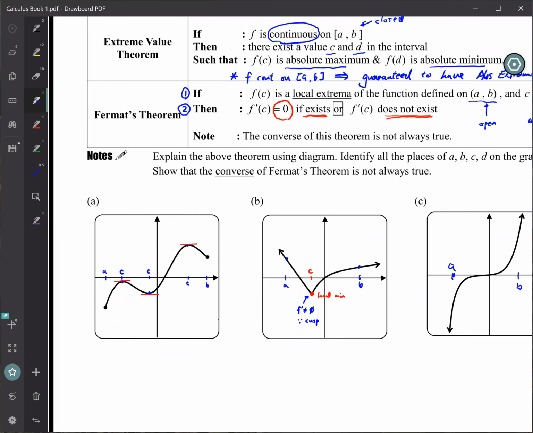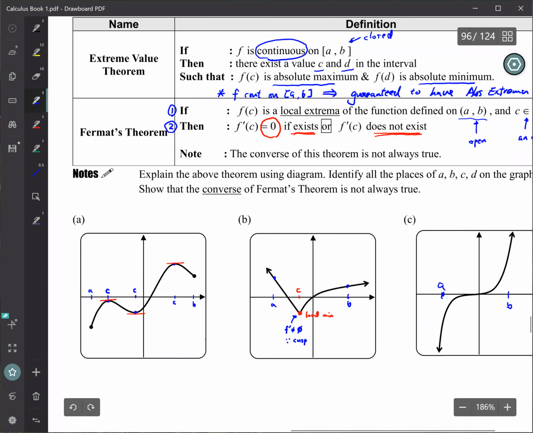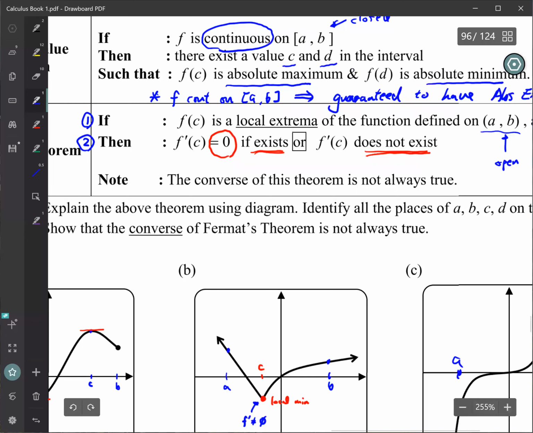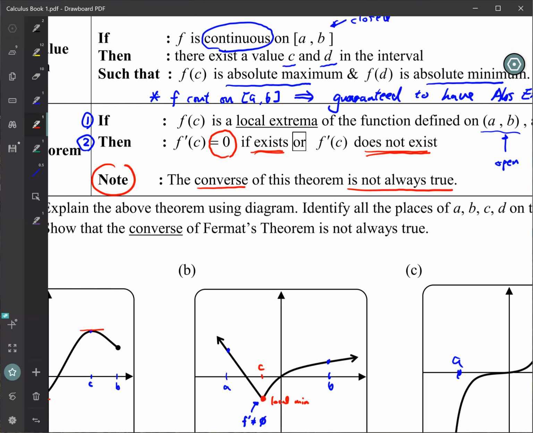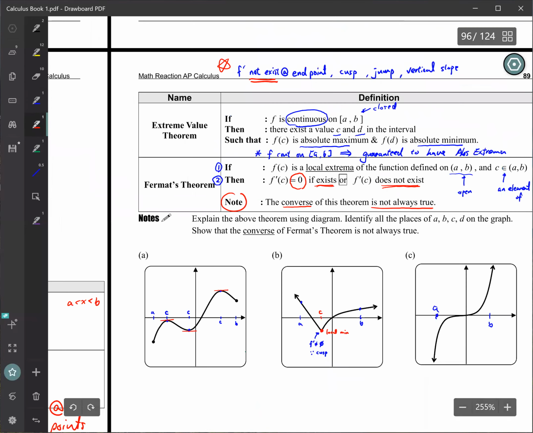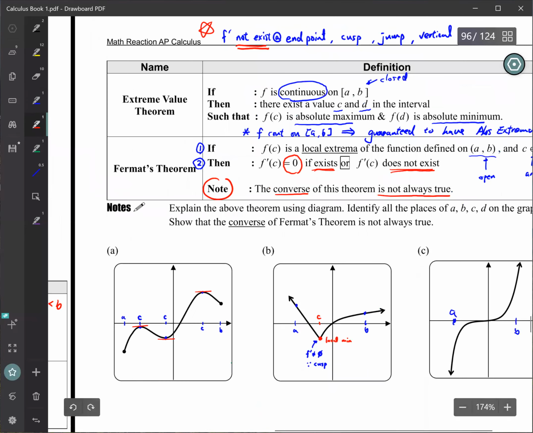Now, the second part, there's a note here, right? Please make a circle. It says the converse is not always true. Wait, sir, I have a question. Yeah, Jesse. Is there a local minimum or no? Yeah, there's local. We already confirmed that first.